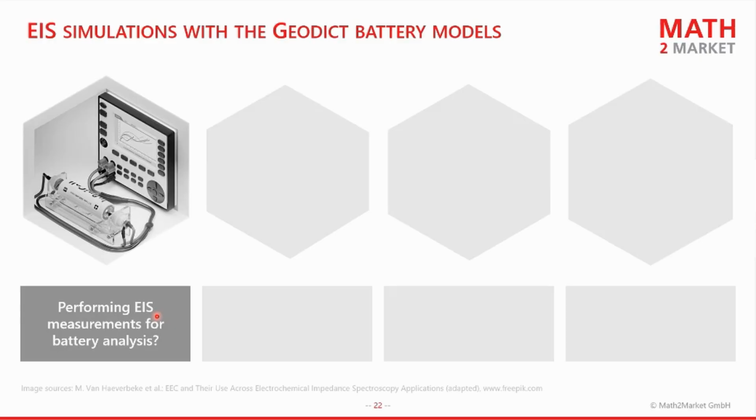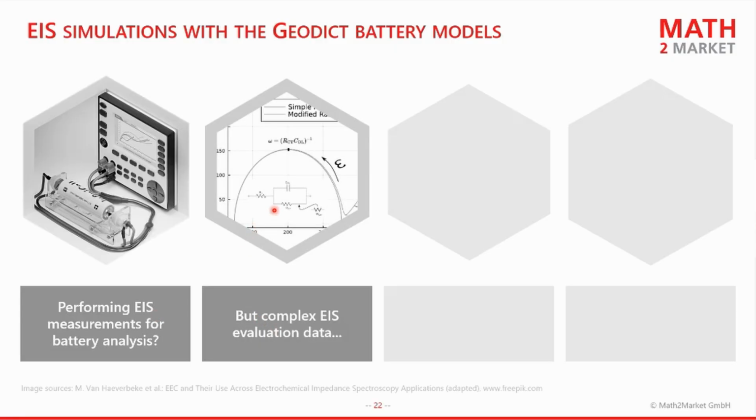EIS is a powerful method as the timescales of the physical processes inside of the battery are separated, so you can distinguish the ohmic resistance of the battery from charge transfer processes or ion diffusion in the electrolyte or the active materials. When you evaluate the EIS measurements at different states of charge, different operating temperatures, or after different aging, you can learn which physical parameters describe the processes in the battery.